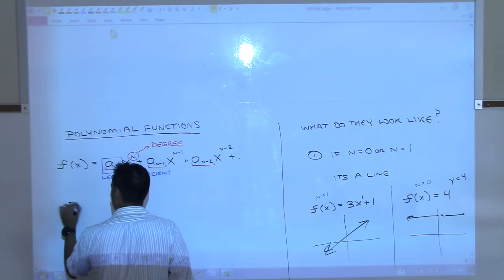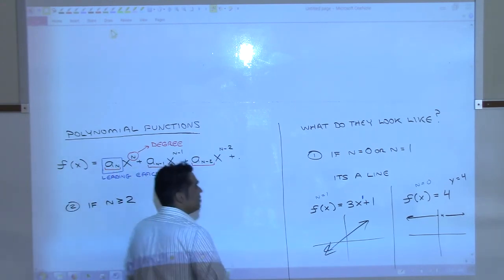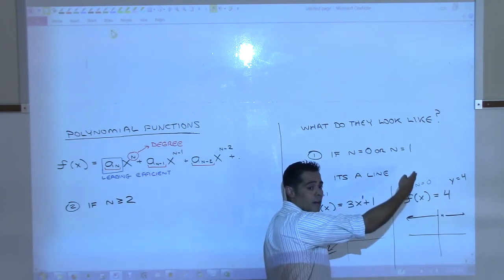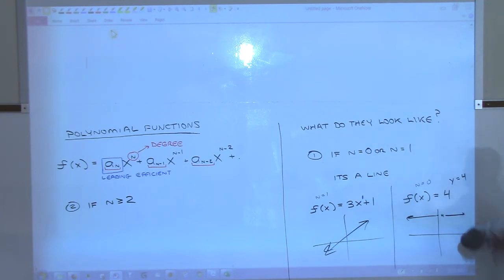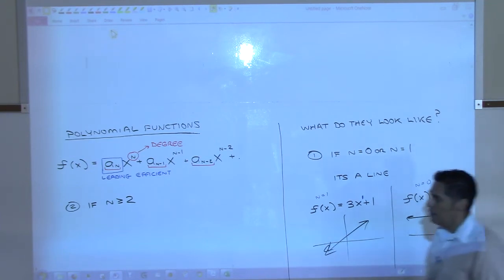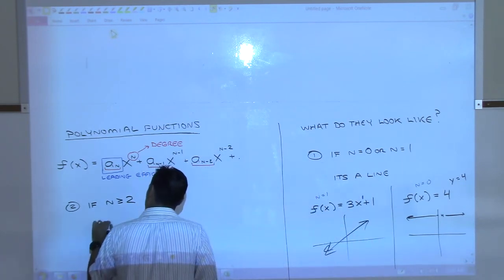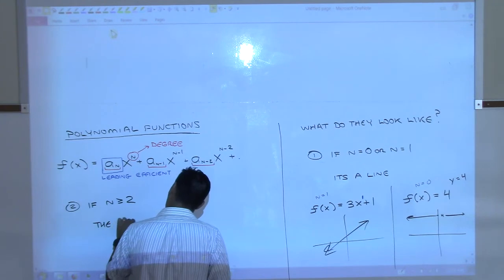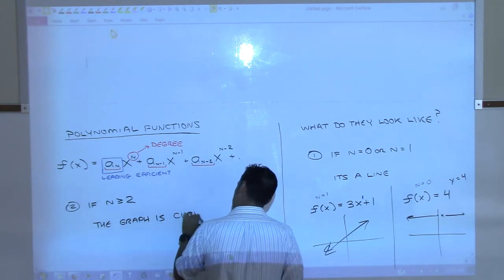Second thing I can tell you, if n is greater than or equal to 2, so that takes care of 0 and 1, right? But if n is 2, 3, 4, 5, 6, 7, 8, 9, 10, 100, a million, doesn't matter, as long as it's greater than or equal to 2, then the graph is curvy.